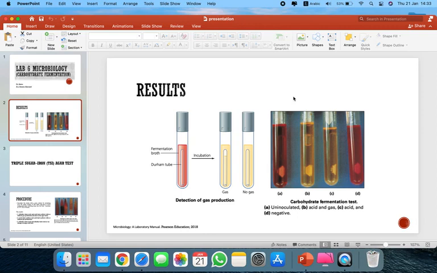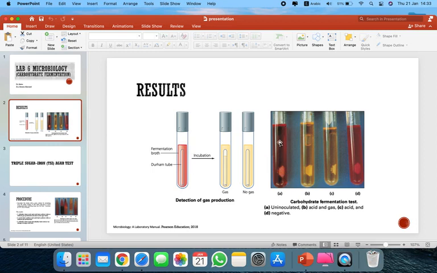The principle of carbohydrate fermentation is that we have a medium for testing it. This medium is often prepared as a tubed broth. This is called a tube, and the liquid inside this tube is called broth.